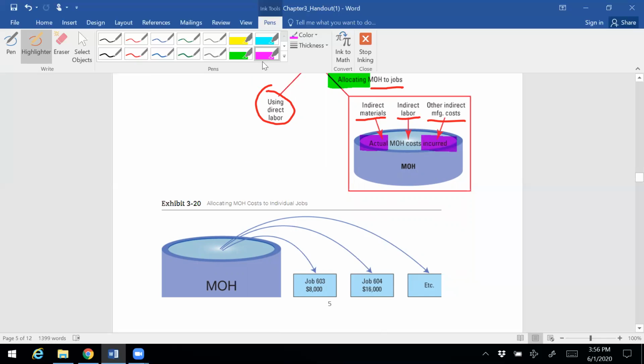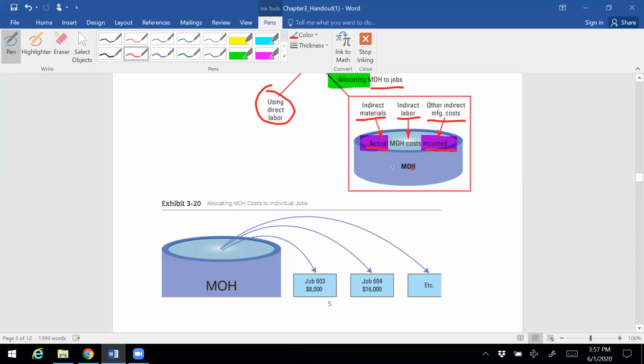So every time you incur actual manufacturing overhead, you just dump the number in this swimming pool, okay? No matter whether it's indirect material or indirect labor or other indirect manufacturing overhead, let's say depreciation or utility bills, the actual manufacturing overhead incurred, you dump it to this pool.